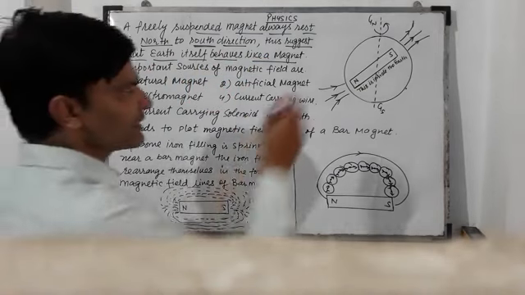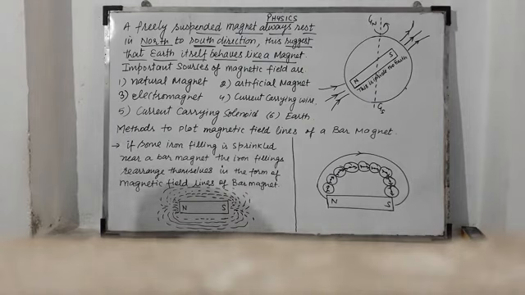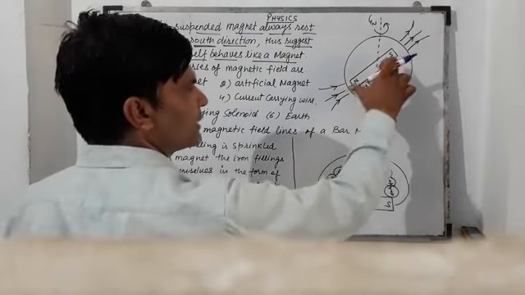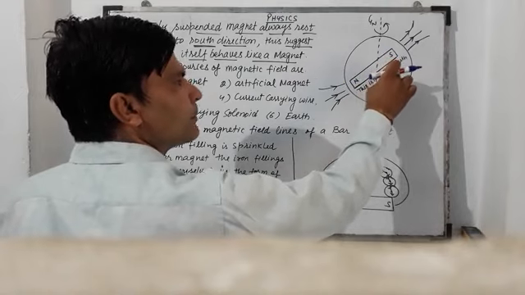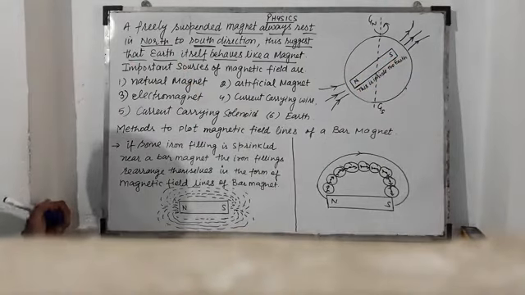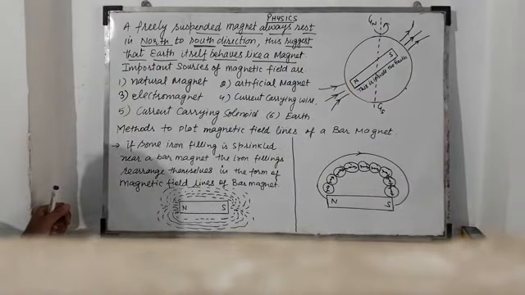So this is geographic north and this is geographic south. Now we can assume that a big magnet is placed inside the Earth like this, north to south.